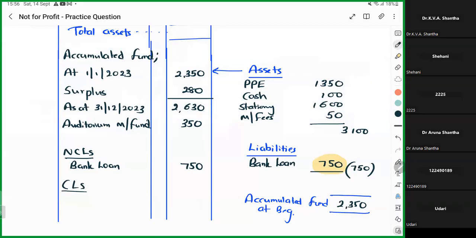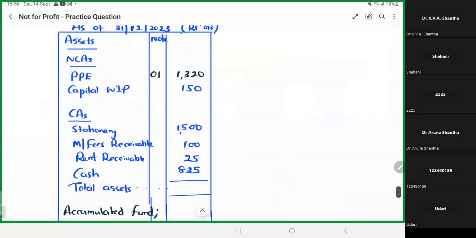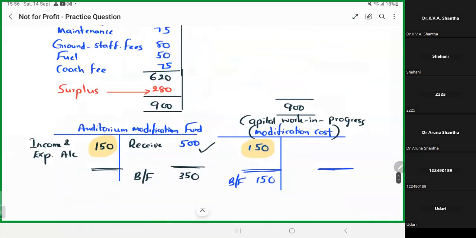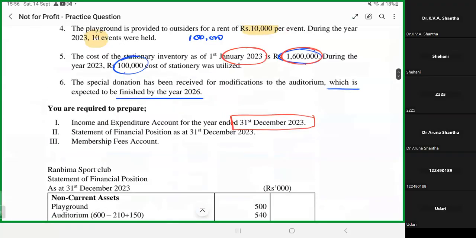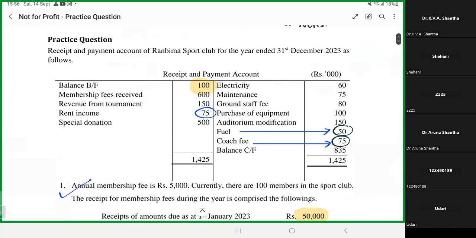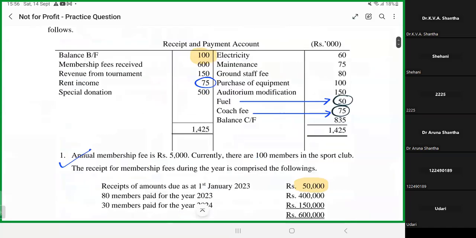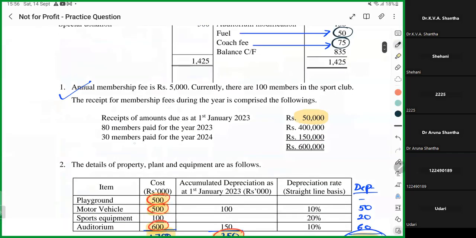Then current liabilities. See how much current liabilities? You see 30 members paid membership fees for the next year. You see your membership fees account.